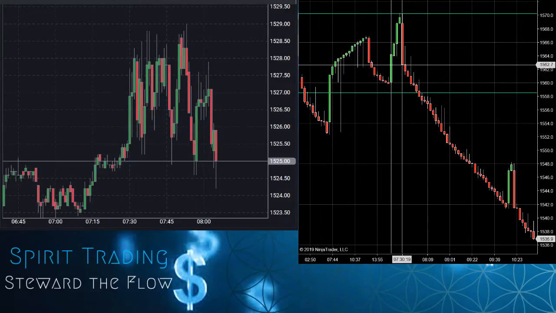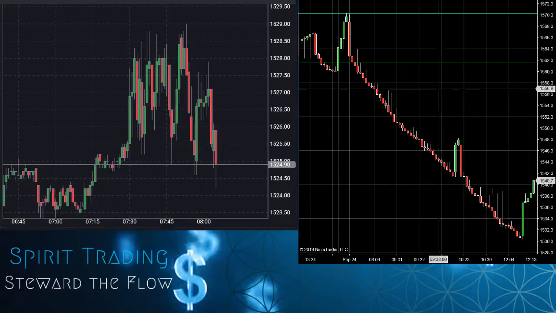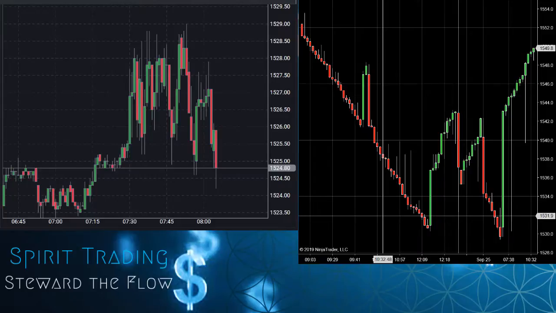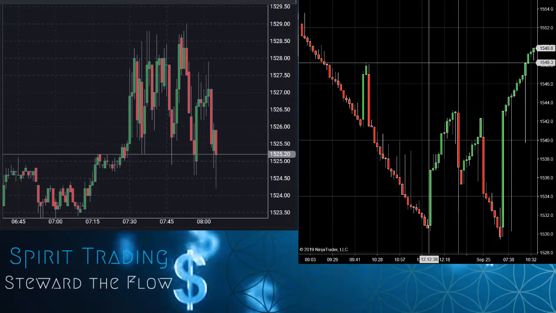The entrance was around 62.7. This move came all the way down into the low 30s. It was like a 30-point move, dude.